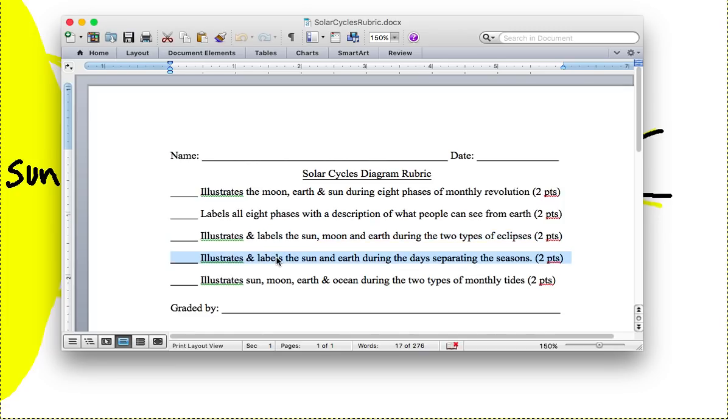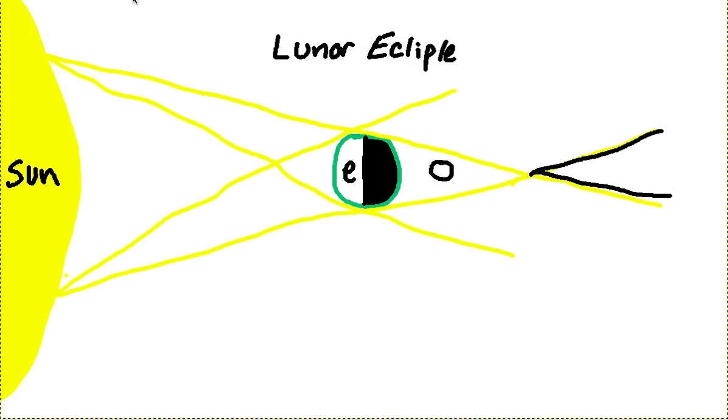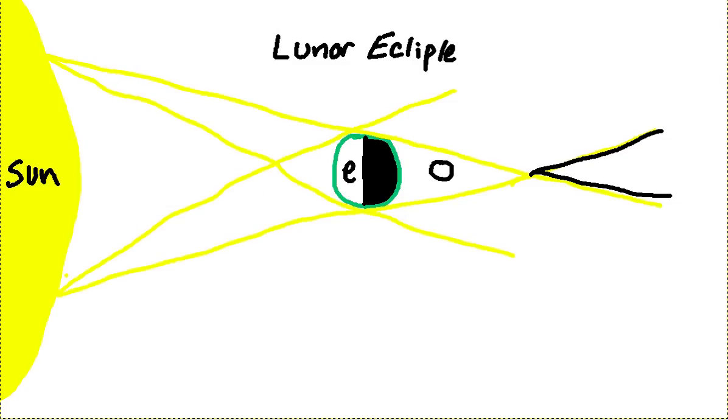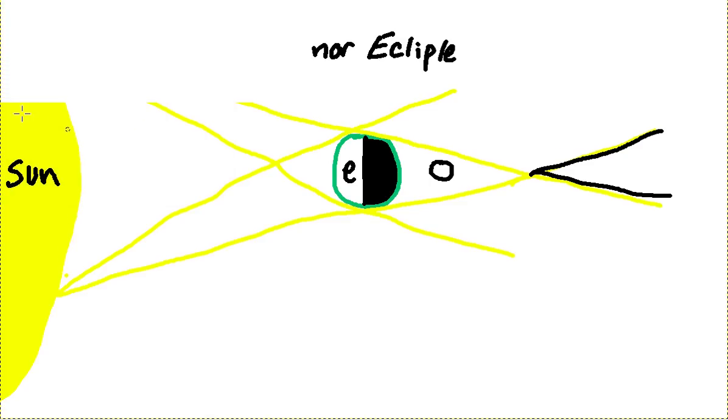Let's move on now to the seasons. So I'm going to need a whole new layer for this one. And now I'm going to actually have to draw the whole sun.